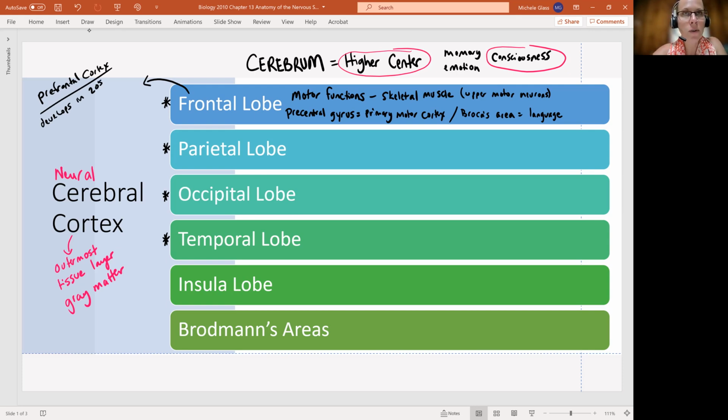So those of you who are younger, maybe 18, 19, 20, 21, you're still in the developmental process of this part of the brain. So you're still actively developing in your brain. The prefrontal cortex is important in predicting consequences of our actions.